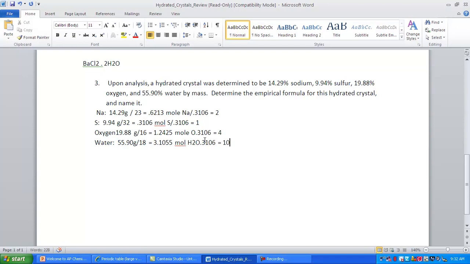To determine the empirical formula, we take the subscripts for the sodium, sulfur, and oxygen to create the formula for our ionic salt, Na2SO4. Na2SO4 is sodium sulfate. To handle the water, remember the hydrated crystal has water attached to it.